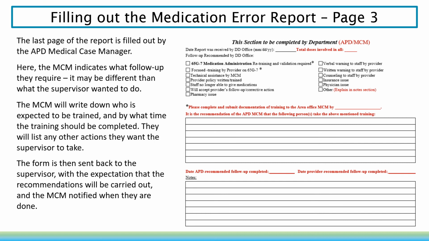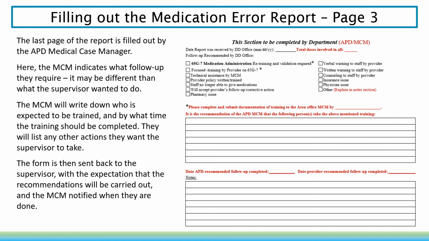Filling out the medication error report, page 3. The last page of the report is to be filled out by the APD medical case manager. Here, the medical case manager indicates what follow-up they require, which may be different than what your supervisor wants to do.